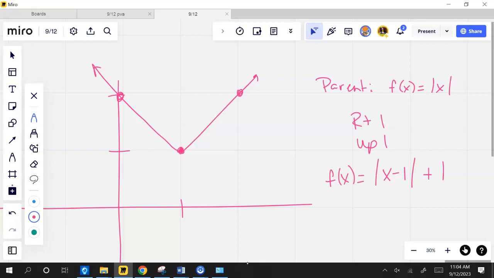Inside the absolute value is my left right, but it's opposite. So since I moved right 1, I'm going to subtract 1. And then up, down, is outside at the end of the equation. Yes, the baby vertex.